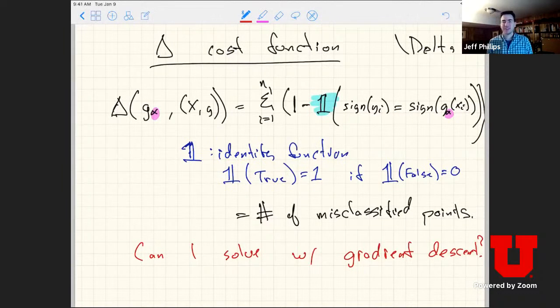Answer in the chat, who thinks I can solve this with gradient descent? Is this what I'm going to do next, show you how to solve this with gradient descent, or am I not going to be able to? Okay, I see someone used a check mark to say yes, use gradient descent. Great. You can also do that in the participants window. Who thinks yes in the participants window?